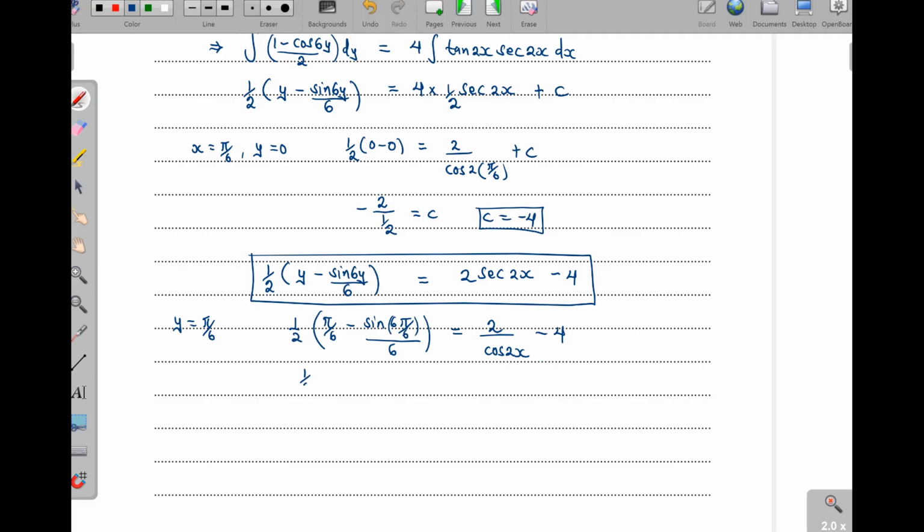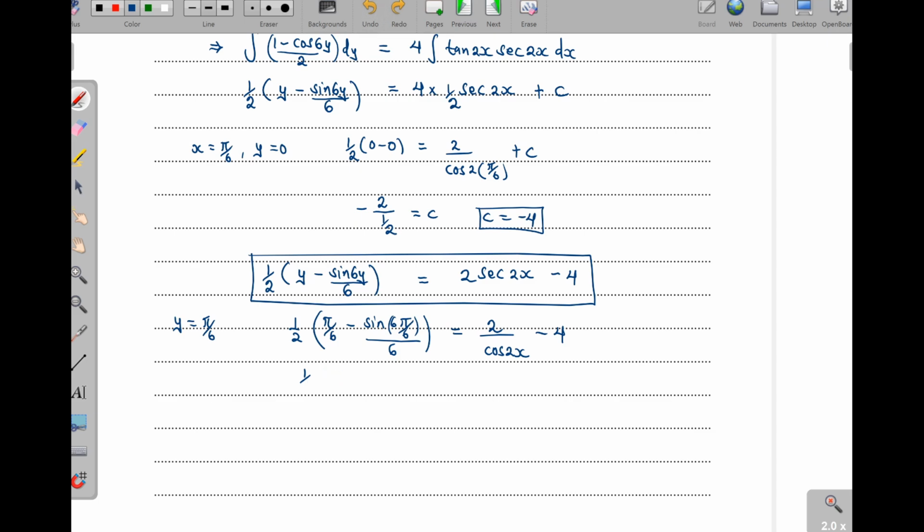We shall have a half into pi over 6 minus, this will be sine of pi. Sine of pi is 0, okay? The sine of 180 is 0. So meaning what we are having inside here is only pi over 6. You see that? Which is going to be pi over 12.